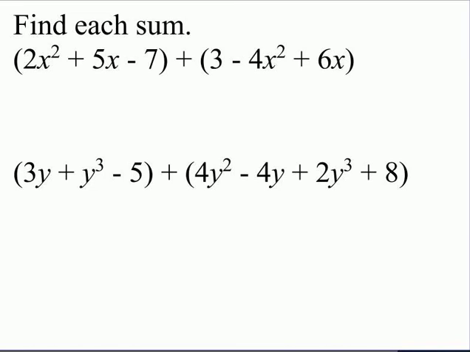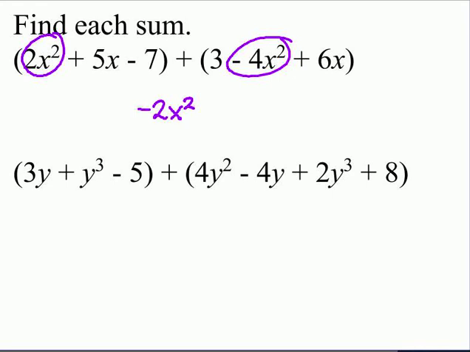So the very first thing I need you to do, what is the highest power? The 2. So I've got a 2x squared here. Do I have another x squared somewhere? Yes? So I'm going to add those together. What do you get? Negative 2x squared. Now you don't add the exponents, okay?